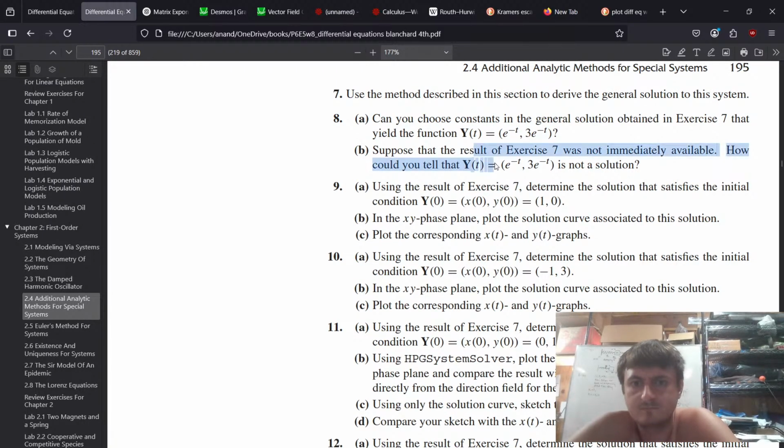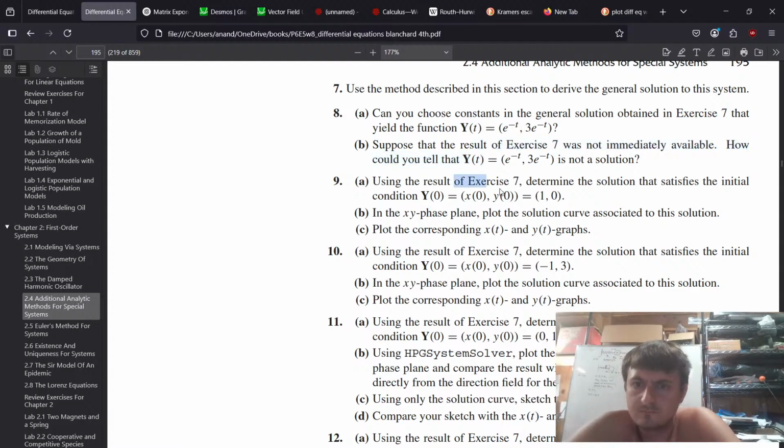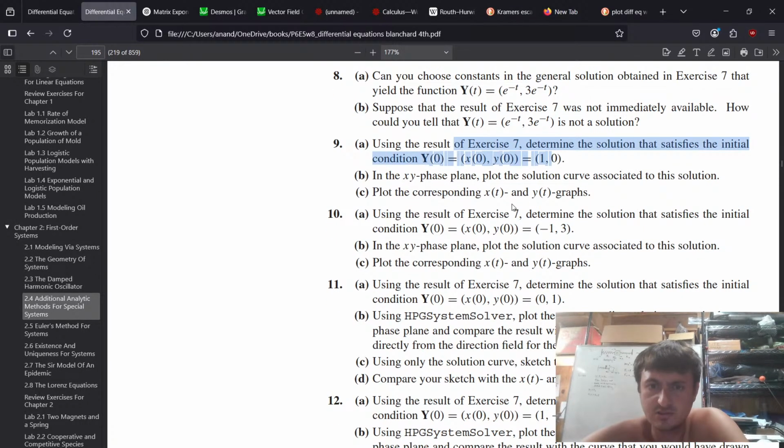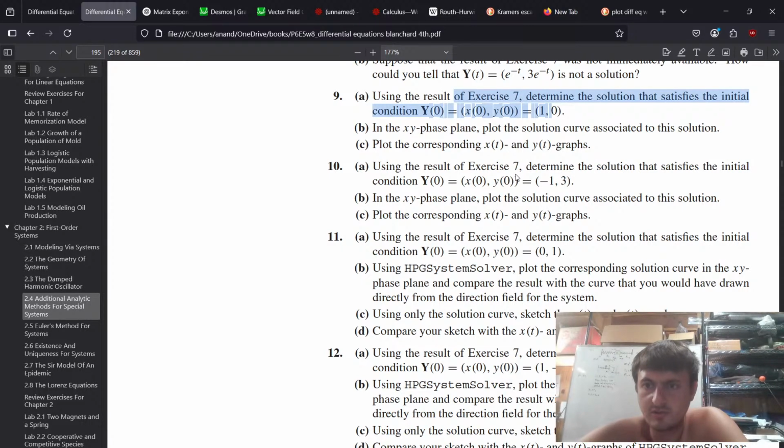Hmm. Using the result of exercise 7, determine the solution that satisfies the initial condition. Okay. In the xy plane, plot the solution. Determine the solution that satisfies the initial condition.